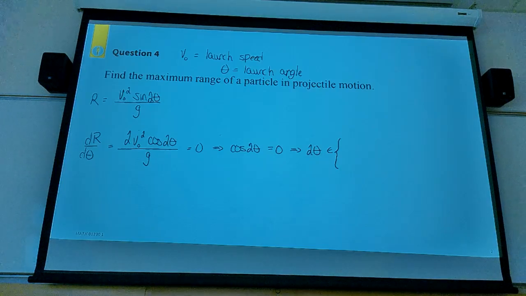Yeah, how about that? I'm going to write it a different way. But yeah, that's right. Odd multiples of pi over 2.